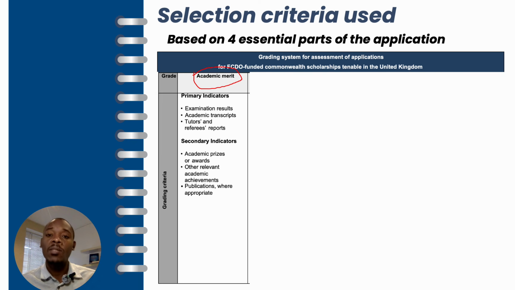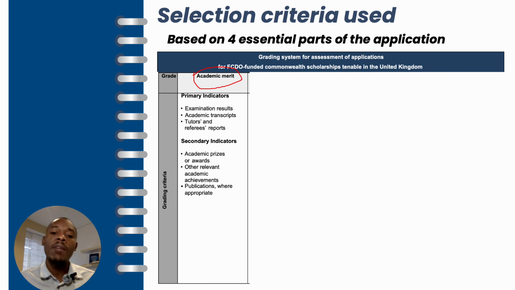If you have a pass in your graduation, then unfortunately you are going to score low on this part of the application assessment. So having good academic results gives you a good score, since this is considered a primary indicator. They are going to look at your transcript, what grade you have.